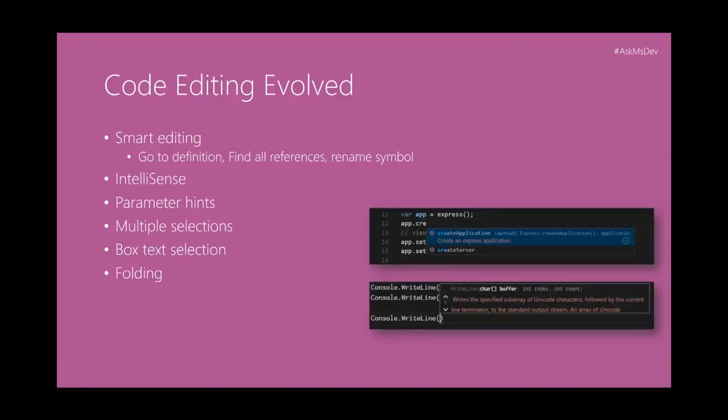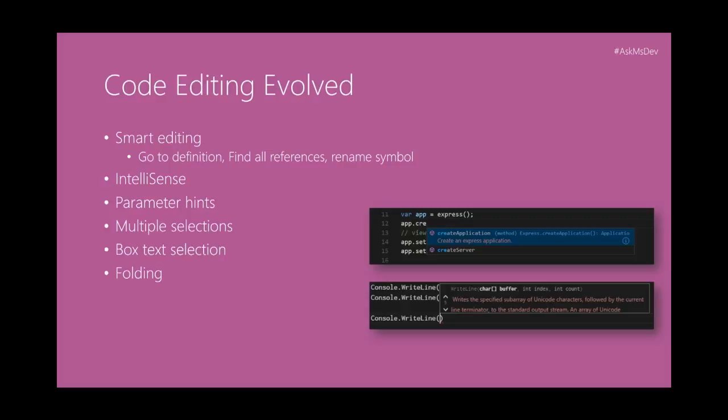Now there's the basic code editing experience, but what Visual Studio Code adds. In the basic experience, you get some code coloring, and you get support for multiple languages. But we also offer a more advanced code editing experience. One of which is, for example, smart editing.